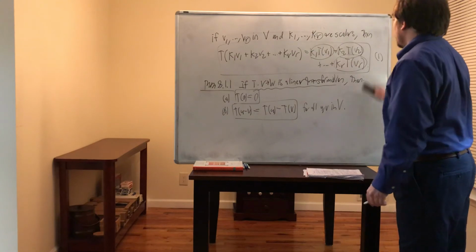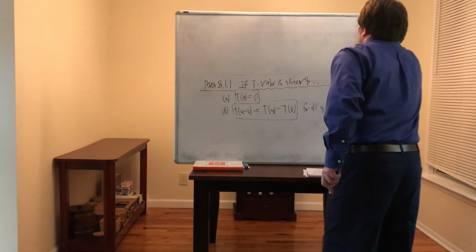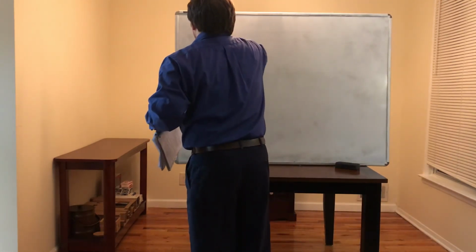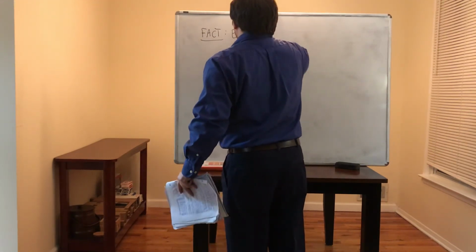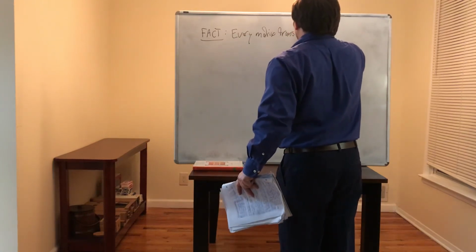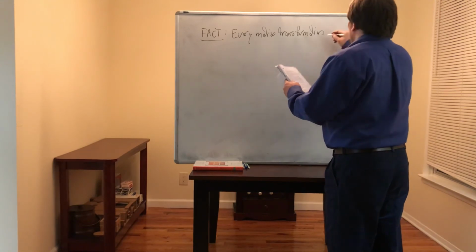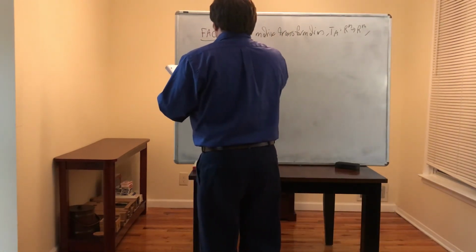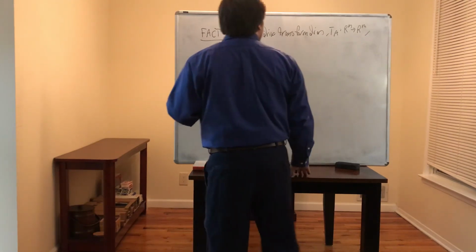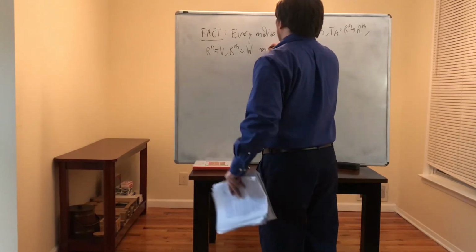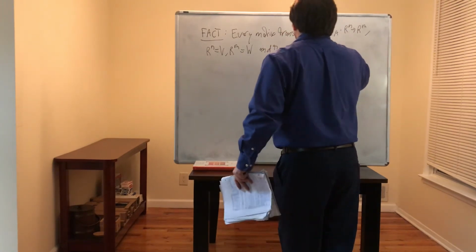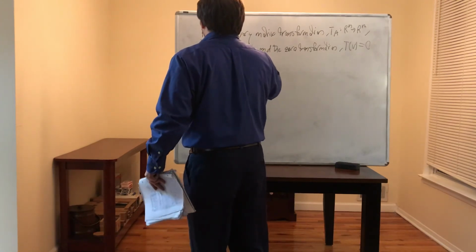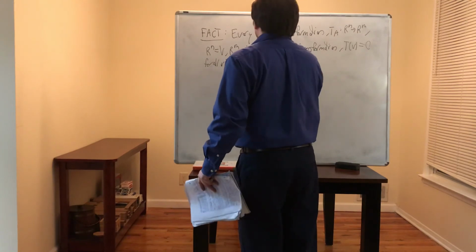So that's another theorem. Let's keep going. Fact: every matrix transformation T sub A from R^n to R^m, where R^n equals V and R^m equals W, and the zero transformation, which is T(v) equal to 0 for all little v in capital V, is a linear transformation.